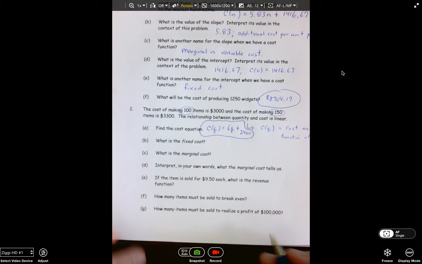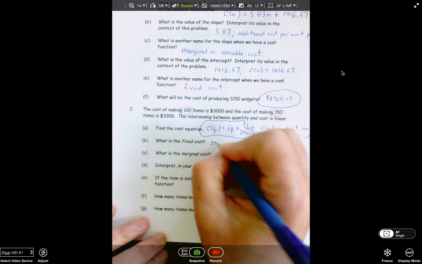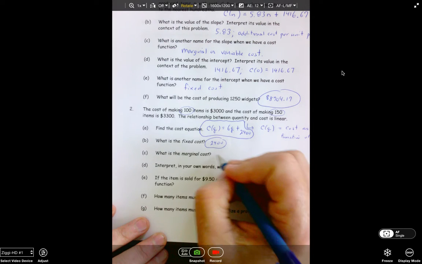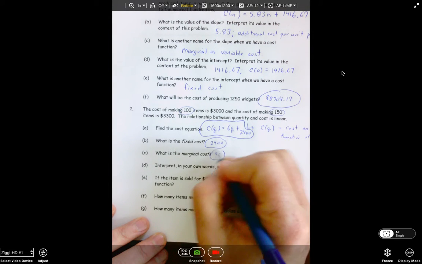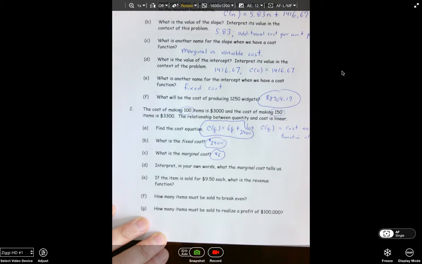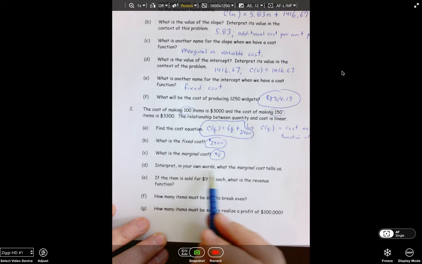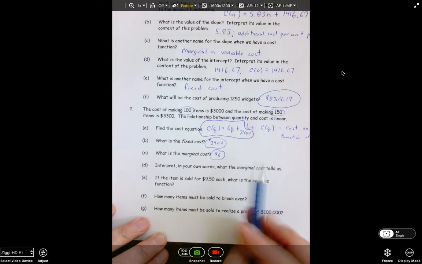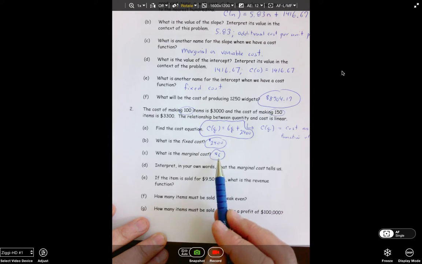What's the fixed cost? 2,400. What's the marginal cost? $6. It's the slope. Interpret in your own words what the marginal cost tells you. It tells you that the cost to produce an additional item is $6.